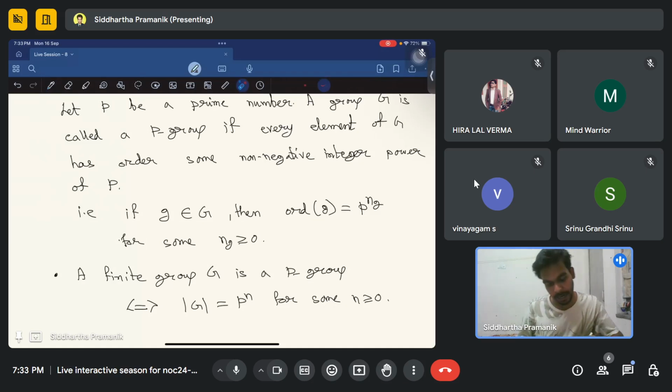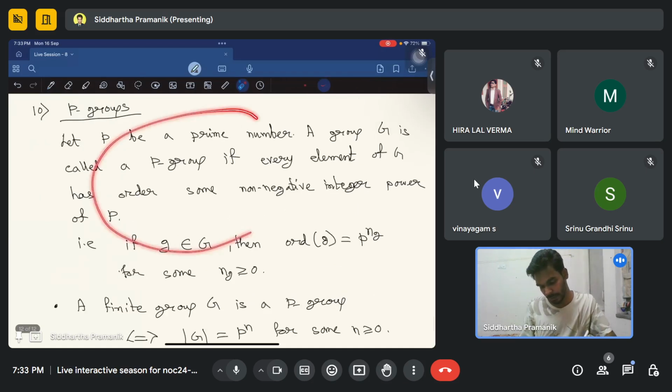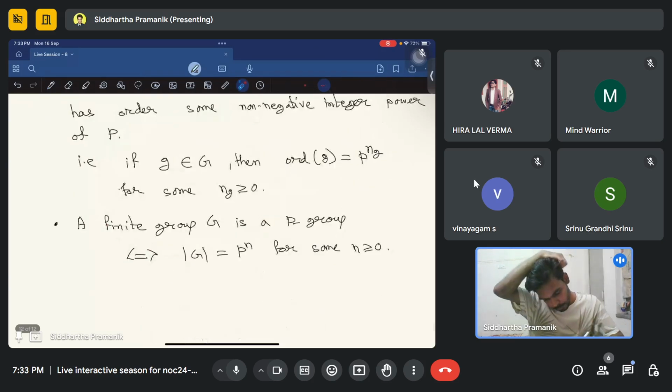So there are infinite p groups according to this definition, but finite p groups are always of this form, meaning order of G has to be some prime power. These types of groups are special finite groups. I hope you have seen the definition in the lectures, but let's not worry about that.